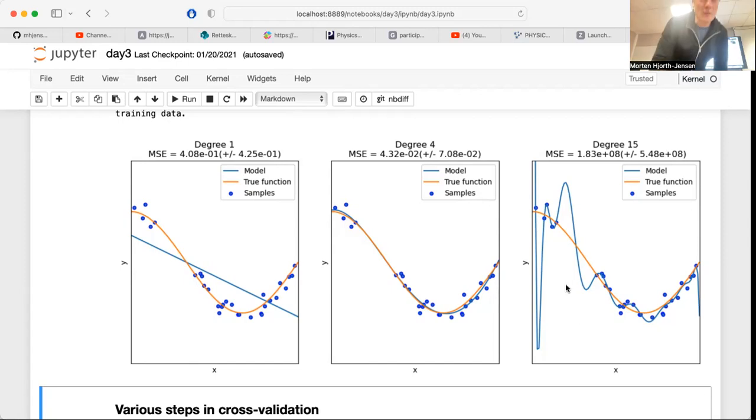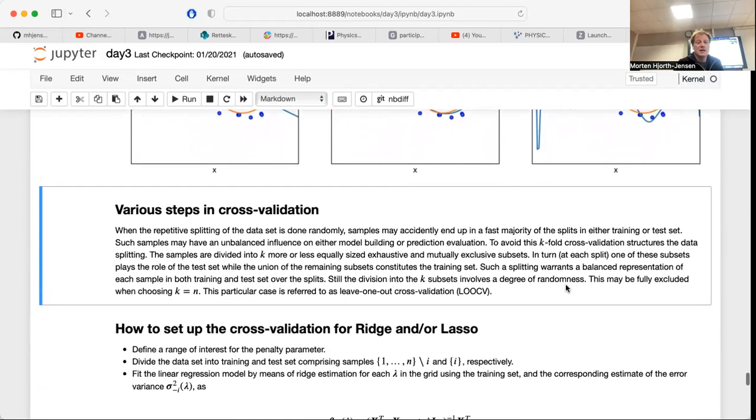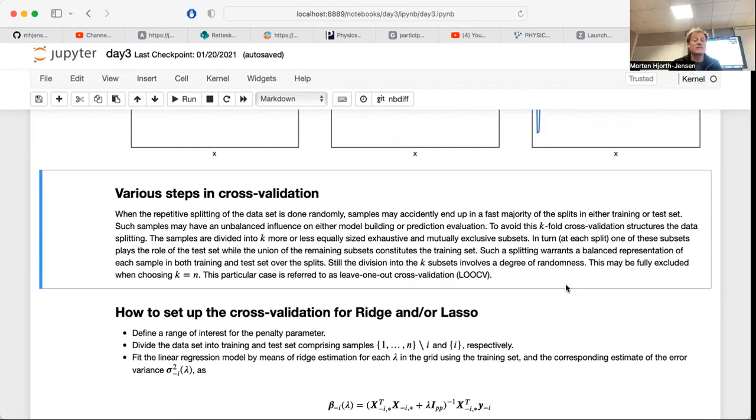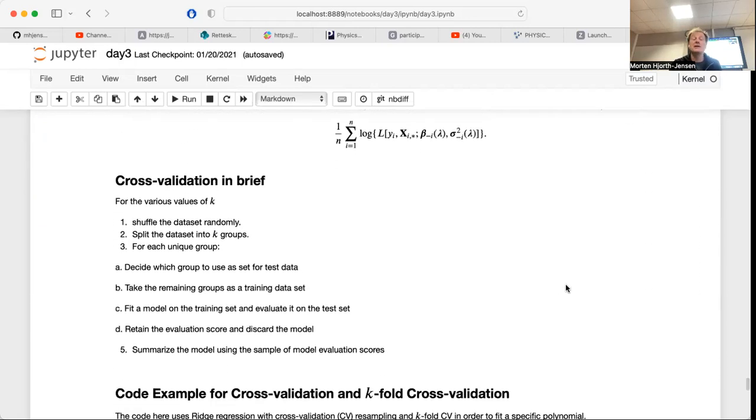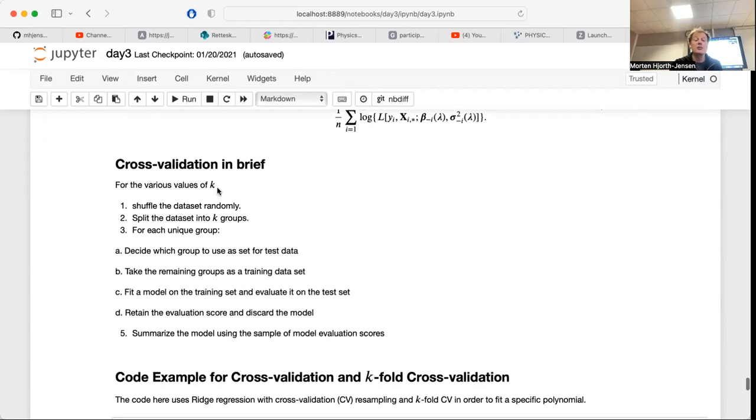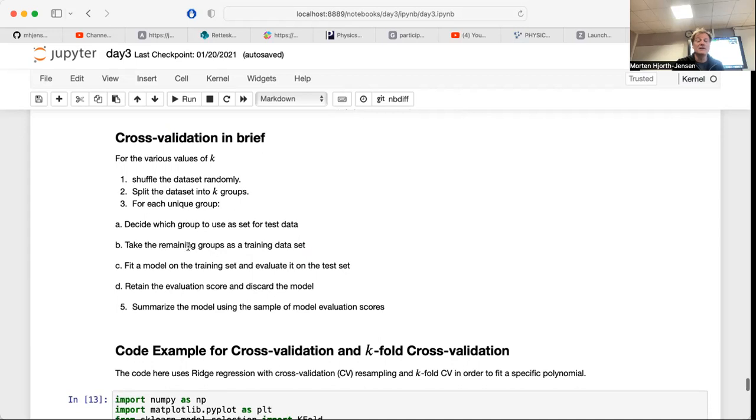Okay. So what I wanted to discuss a little bit more is this cross-validation. In cross-validation, the basic steps: you choose the number of folds, you shuffle the data randomly, and you split the data into K groups, the so-called folds. Then for each unique group, you decide which group to use as the test data, and you take the remaining groups as the training data set.